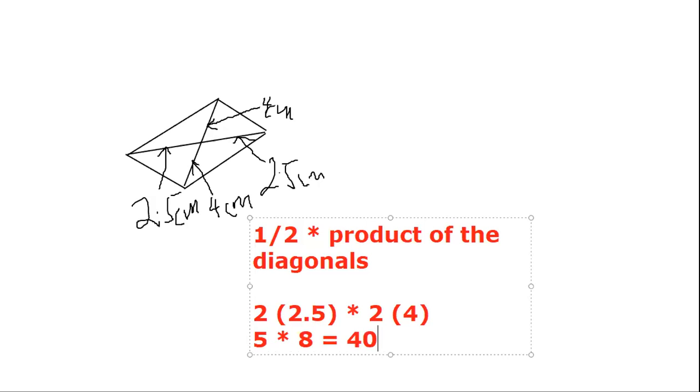Therefore, half of the product of the diagonals, which is 5 times 8, which is 40, will be what? 40 divided by 2, and that will give us 20 centimeters squared.